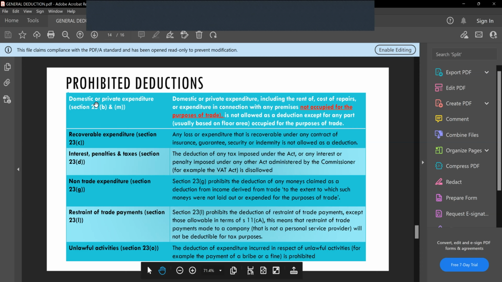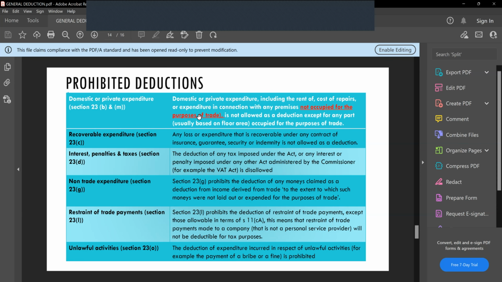Now I'm going to start with domestic or private expenditure in terms of Section 23B and M. Domestic or private expenditure, including the rent of, cost of repairs, or expenditure in connection with any premises not occupied for the purpose of trade, is not allowed as a deduction except for any part occupied for the purposes of trade.